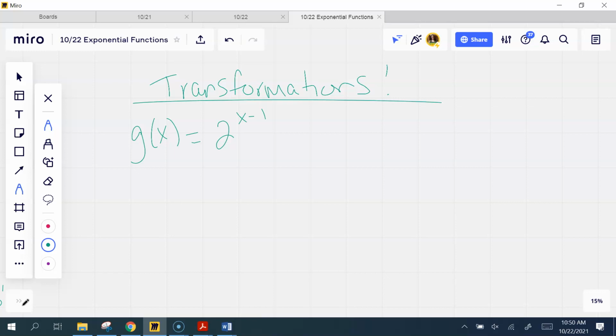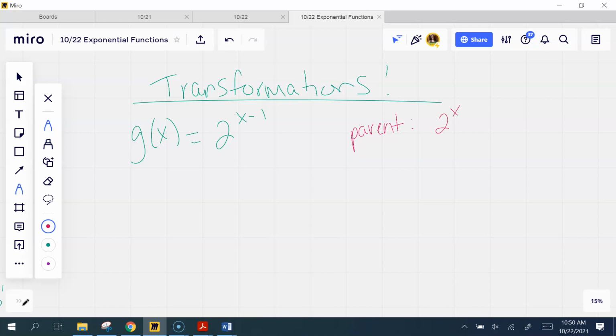Is it growth or decay? Growth. How do you know? The base is bigger than 1. That's exactly right. If you had to name a parent graph here, what do you think the parent graph is? Okay, so b to the x, but in this case, 2 to the x.